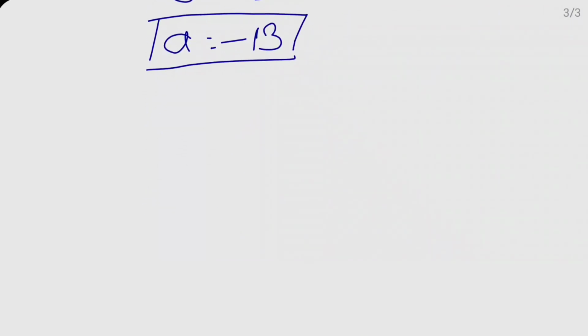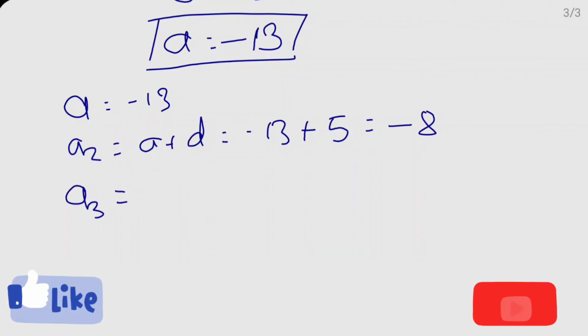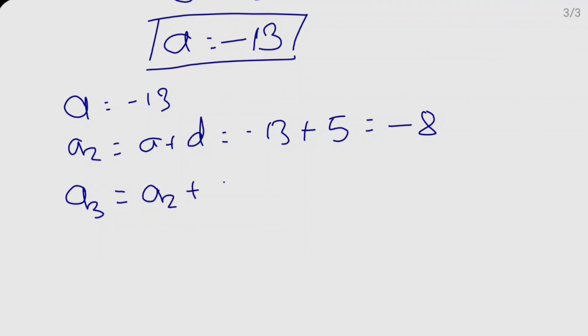So a is minus 13, and here we want to find out first three terms, right? So find out here. A is minus 13. Next a2 is a plus d. So a is minus 13 and plus d is 5. So minus 13 plus 5 we got minus 8. Next a3. a3 is a2 plus d. So what is a2? Minus 8 plus d is 5. So minus 8 plus 5 is minus 3.